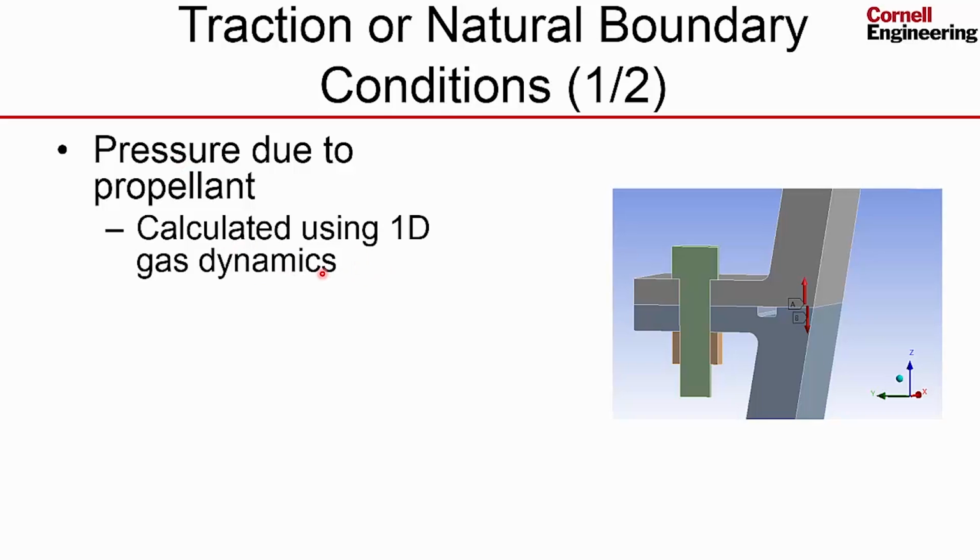This is calculated using 1D gas dynamics, and Mr. Andy Sadhwani lays out the process by which he made these calculations, and we'll also provide you with the Excel file containing his calculations. And we apply a pressure that varies in the axial direction, so it's going to vary in this direction. It's not going to be a constant pressure.